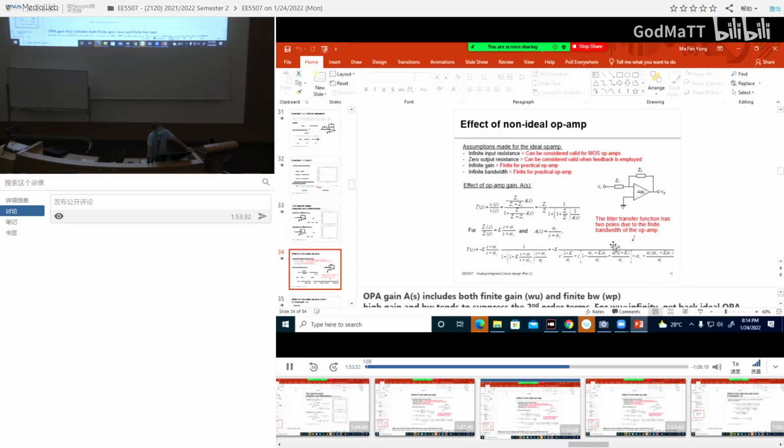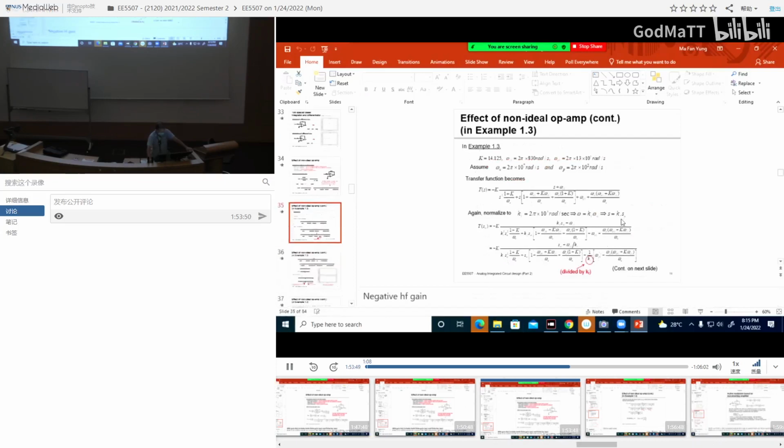So this is another reason why we need a computer simulator. Because human beings cannot handle this kind of complexity. Okay. So this is a numerical example.